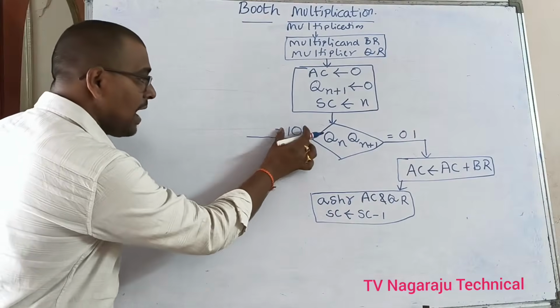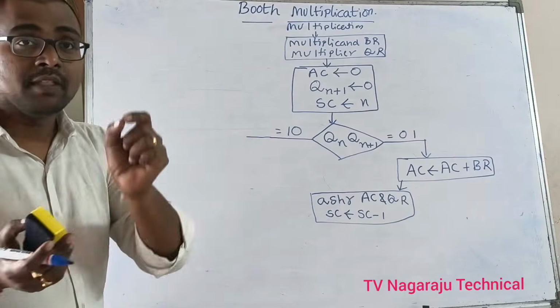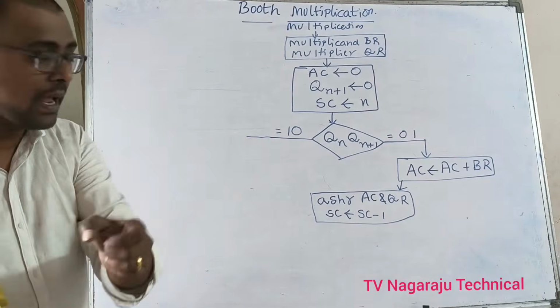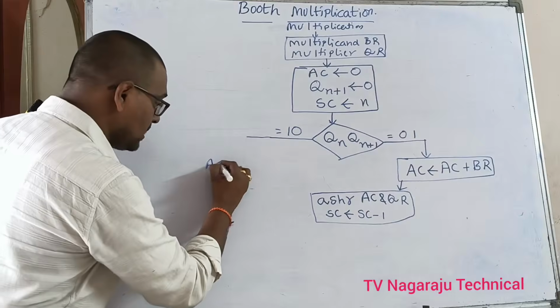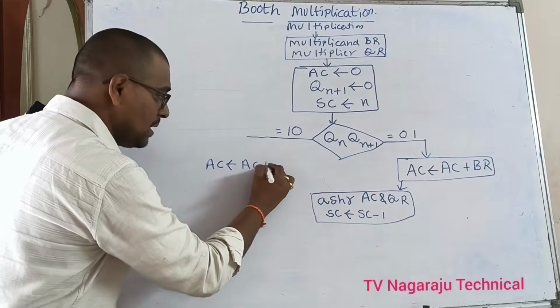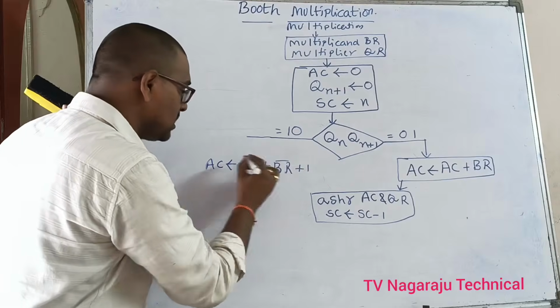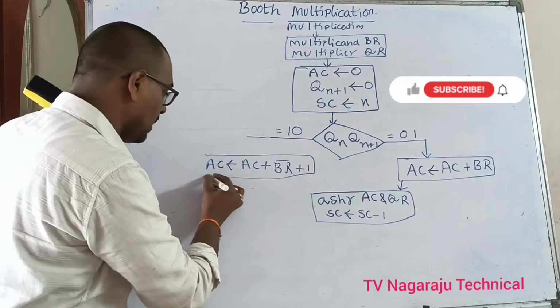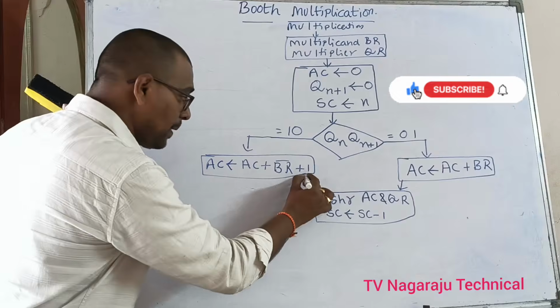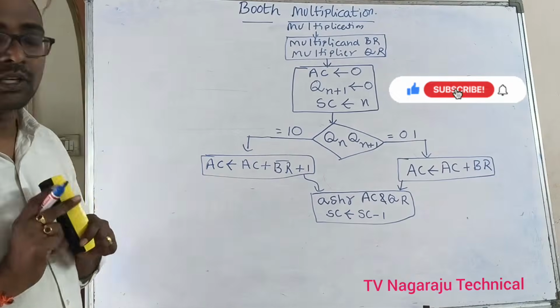Suppose the value is 1, 0. Then we do the subtraction operation: AC tends to AC plus BR plus 1, that is, the 2's complement of the number. After subtraction, the same arithmetic shift.